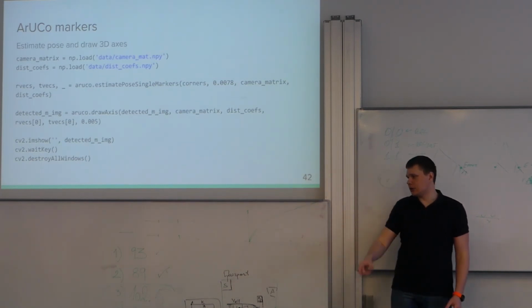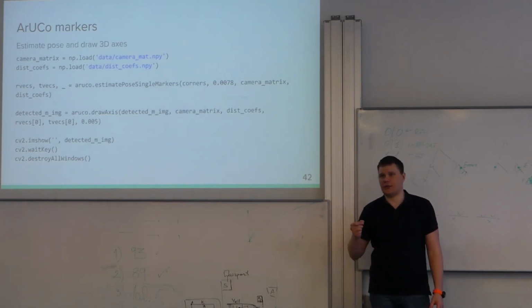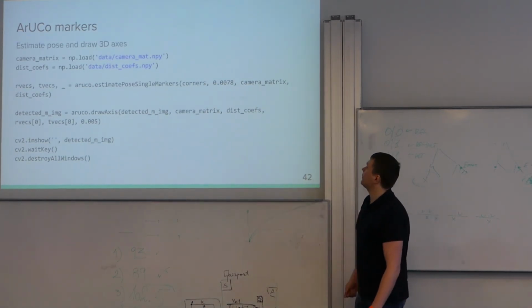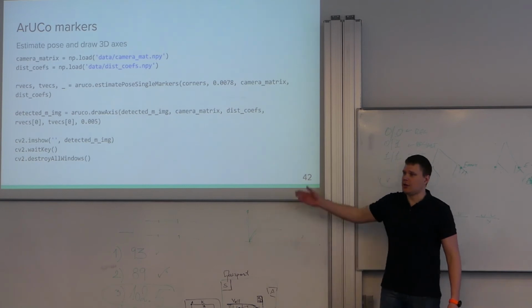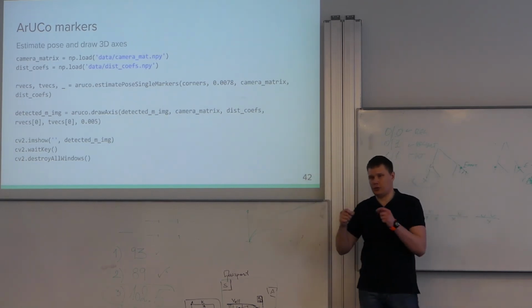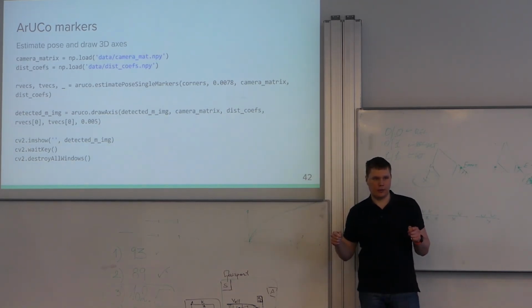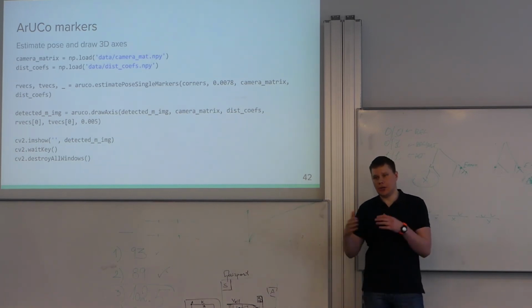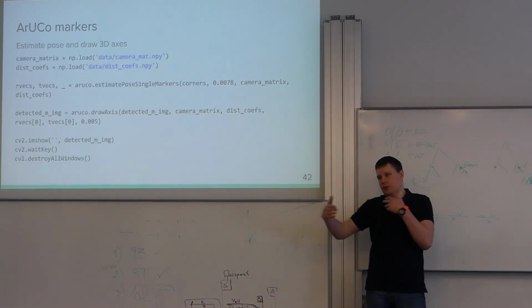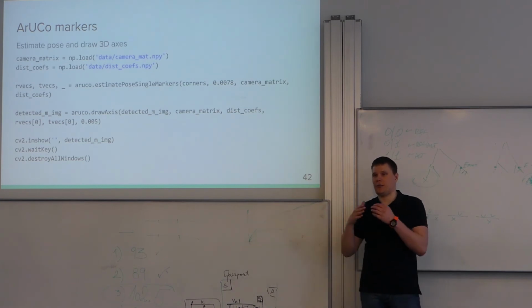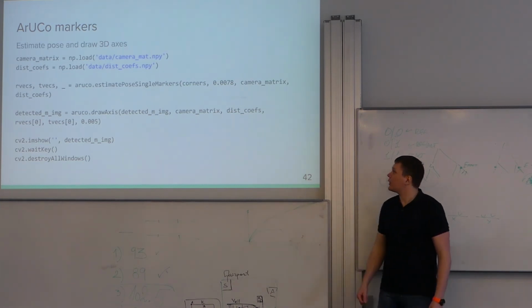I had a small Aruco marker, about 8 centimeters, so I just passed this. This is very important, because if you say that your marker was bigger, it should be further from the camera to have the same projection onto our image.